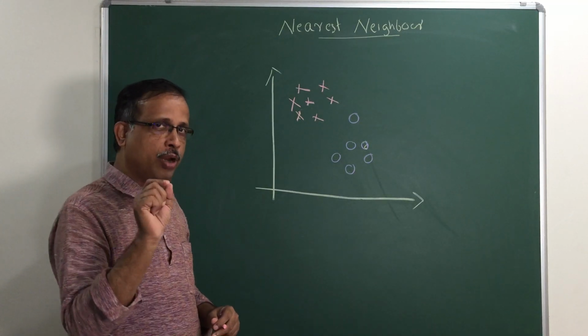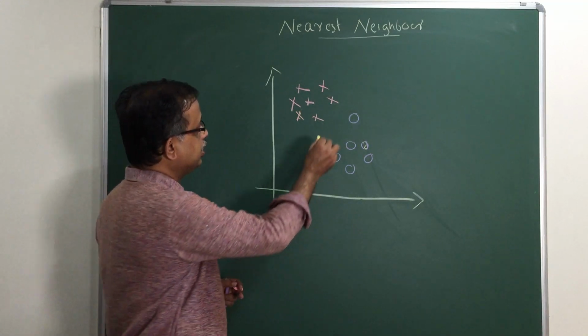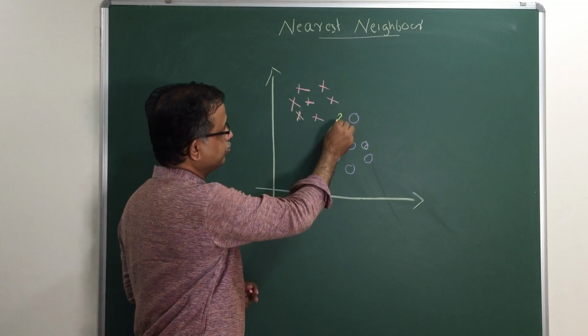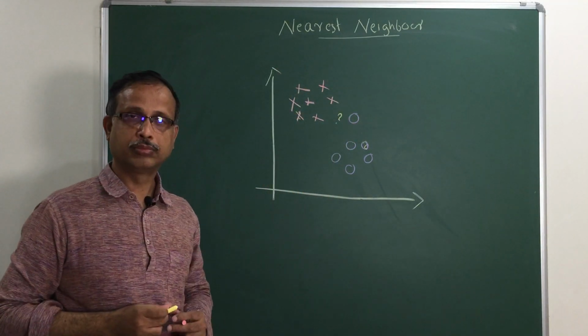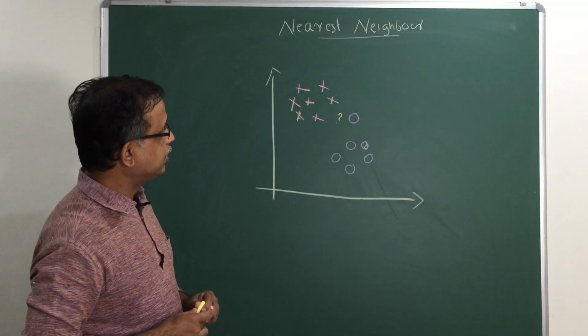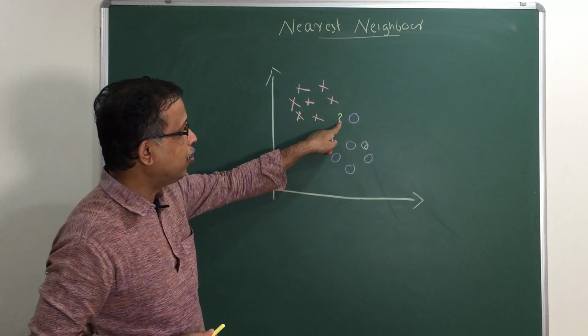The problem becomes more interesting when, say, we have a sample somewhere here. It is not quite clear whether this should be an apple or an orange.